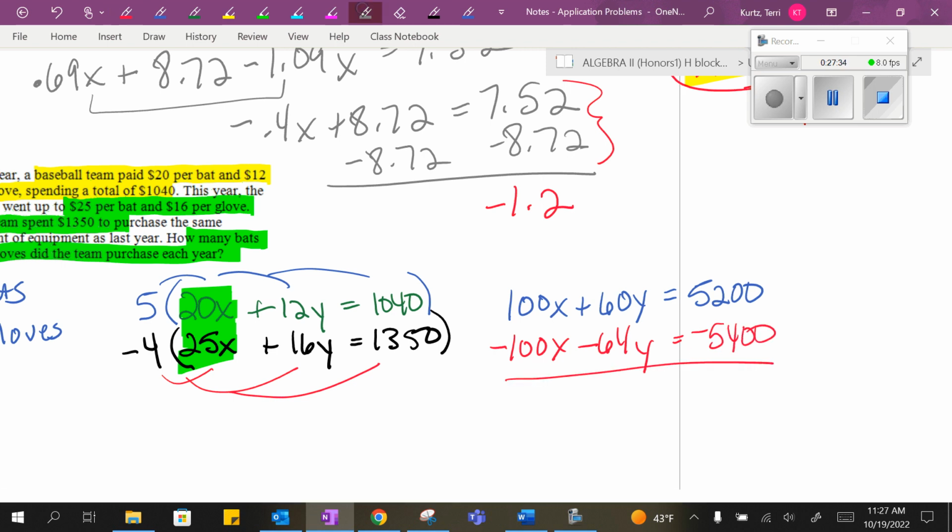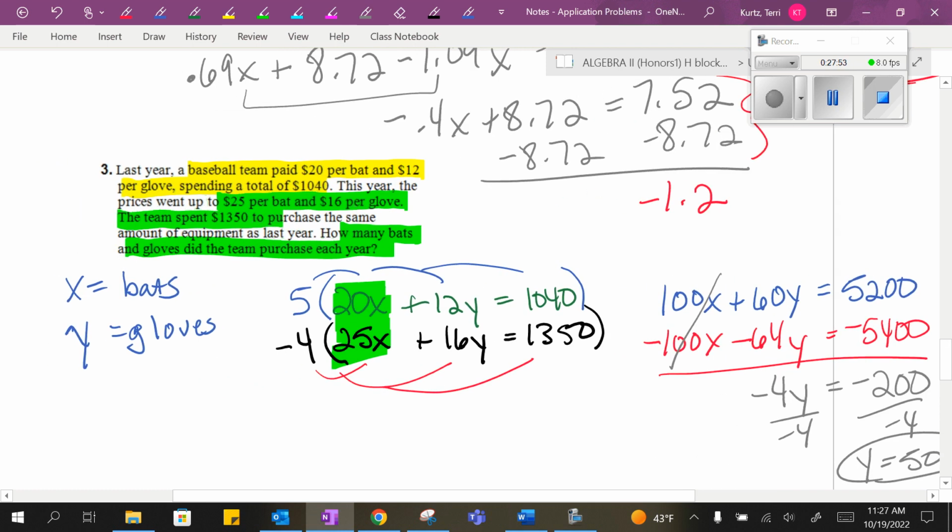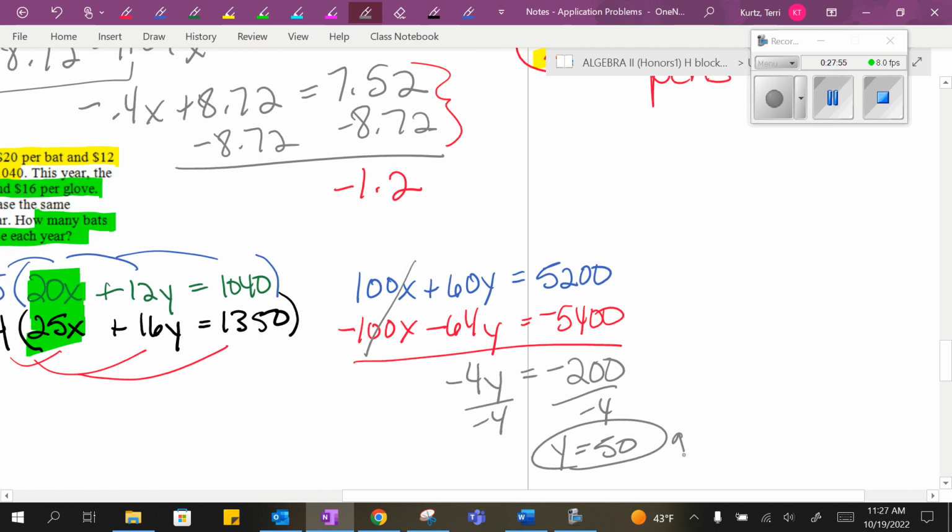So now when I use elimination, these cancel out. I get negative 4y equals negative 200. And I can divide by negative 4, and I get y equals 50. So that tells me 50 gloves.